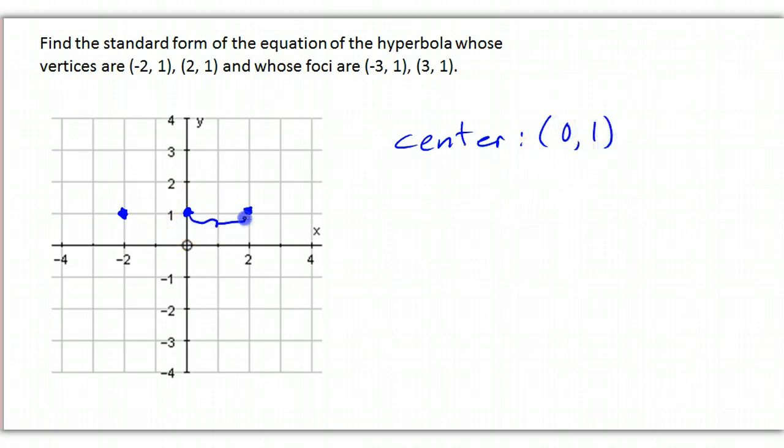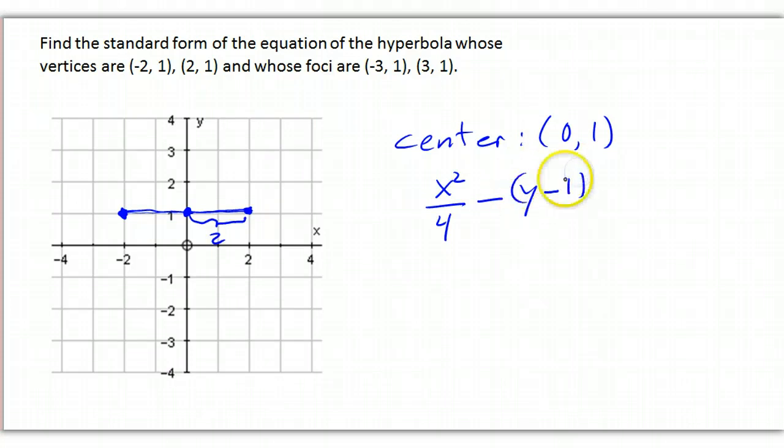And that means that A is 2. And that means that our transverse axis is horizontal. So I have x squared over 2 squared minus, not y squared, y minus 1 squared over b squared equals 1.